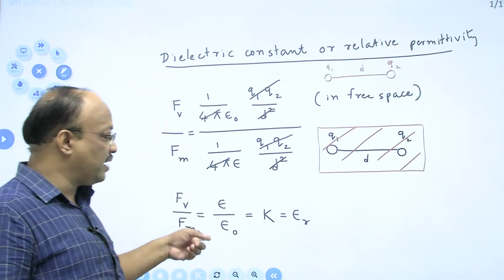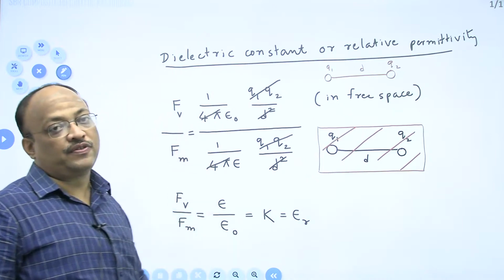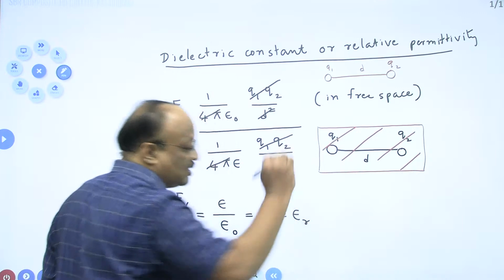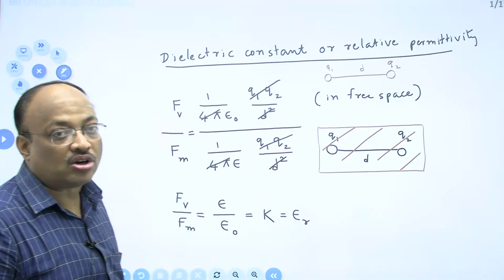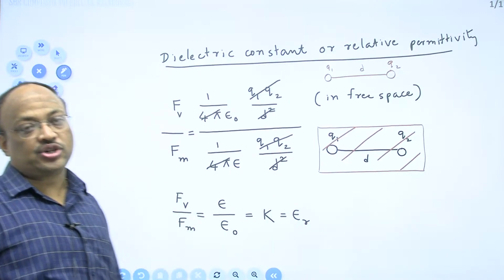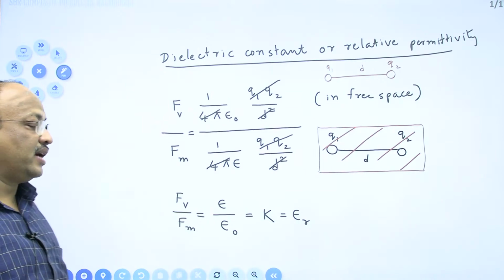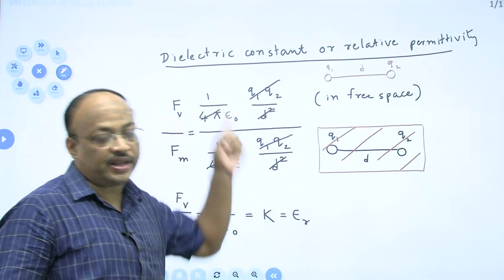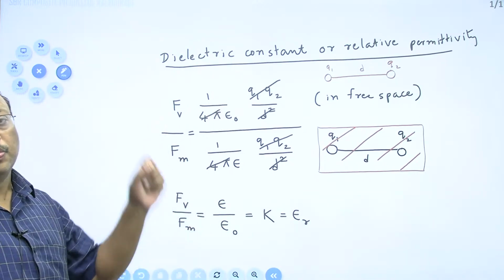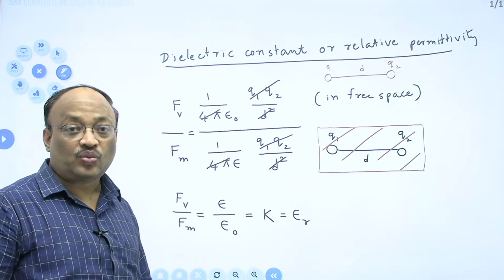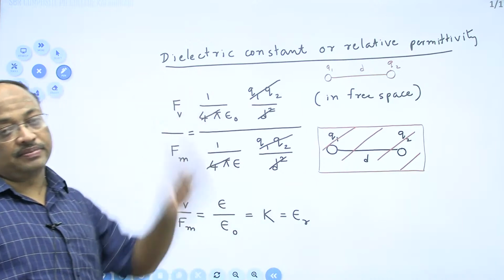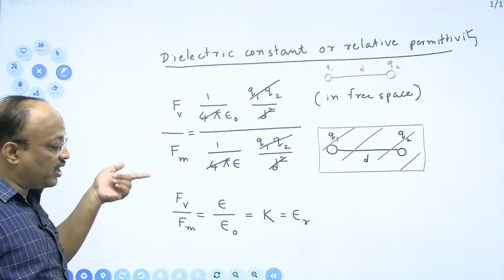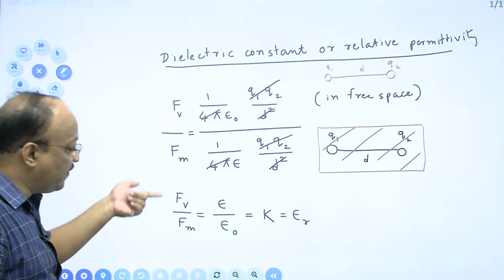That ratio we say as dielectric constant or relative permittivity of that medium.